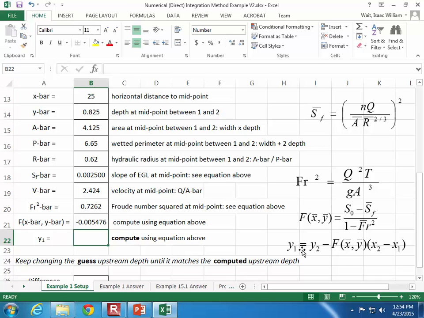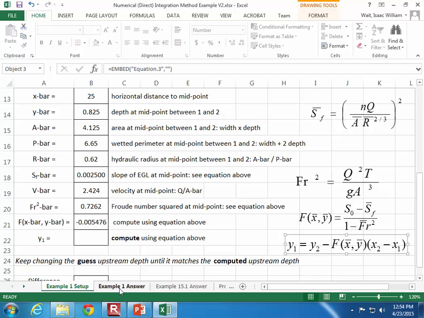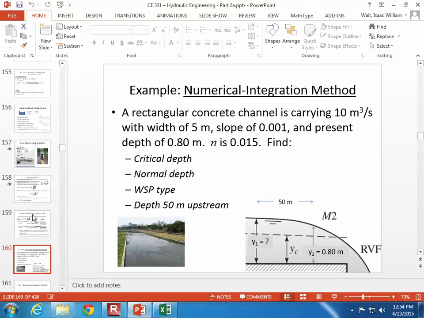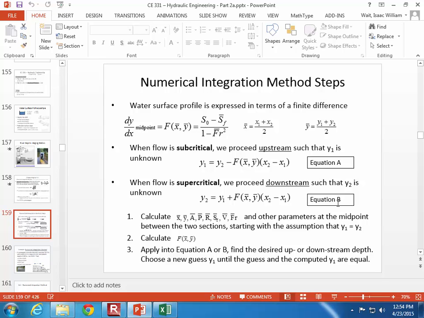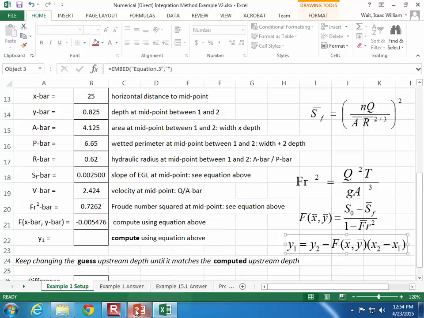And now it was subcritical flow, and so I'm using this equation. Remember that if it had been supercritical, I would have used equation B, and you work downstream. But here it's subcritical, so I'm using equation A and working upstream towards the unknown depth y1. So y1 is y2 minus that thing.